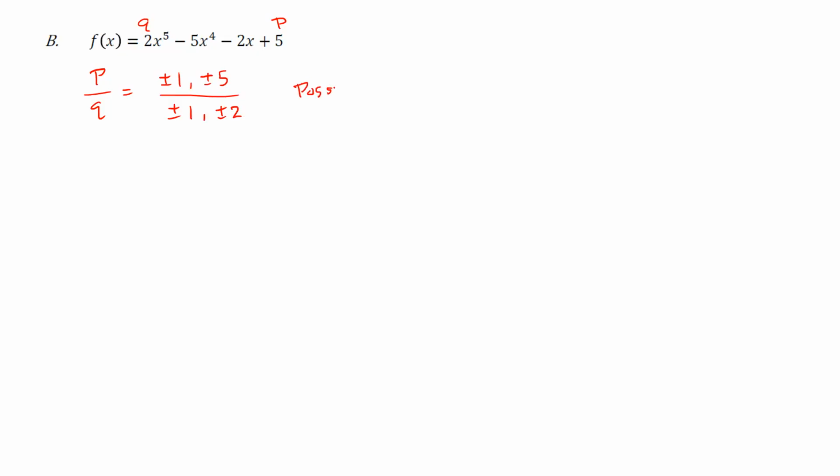So our possible zeros will be plus or minus 1, plus or minus 2, plus or minus 5, plus or minus 1/2, and plus or minus 5/2.